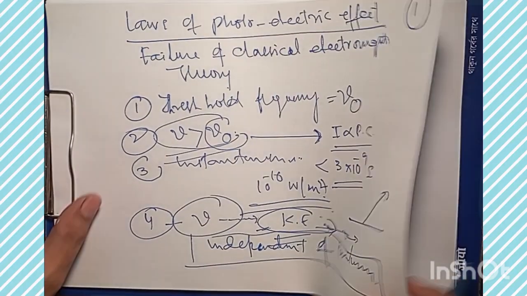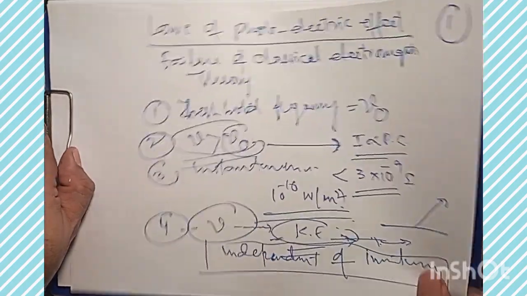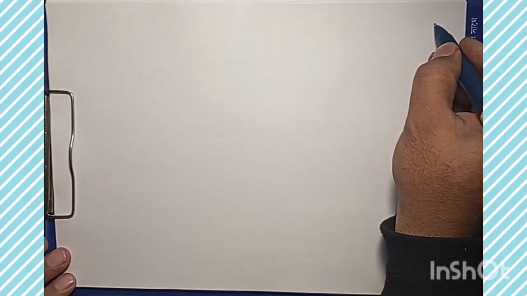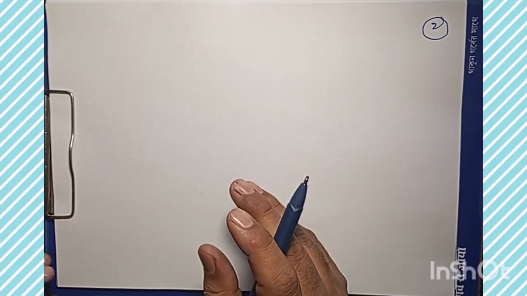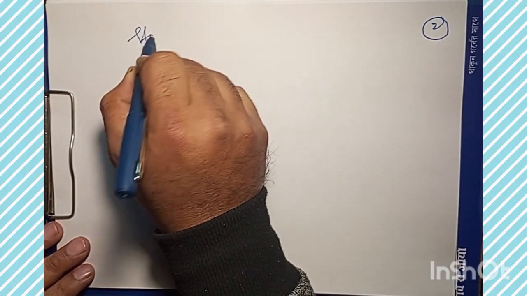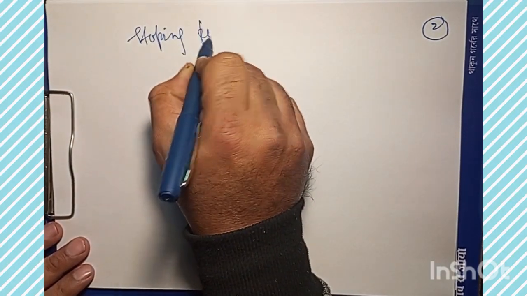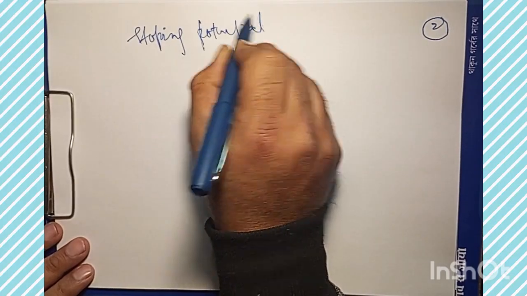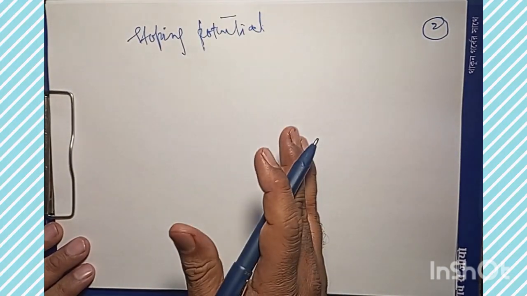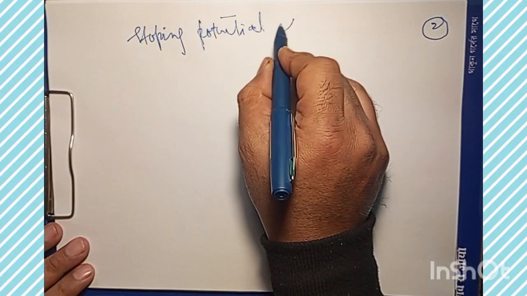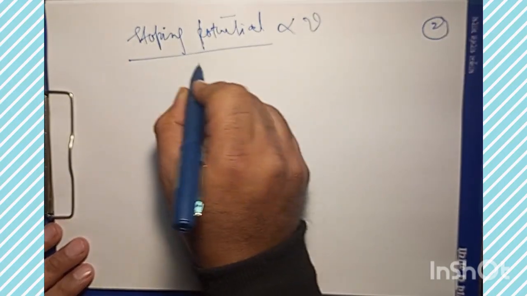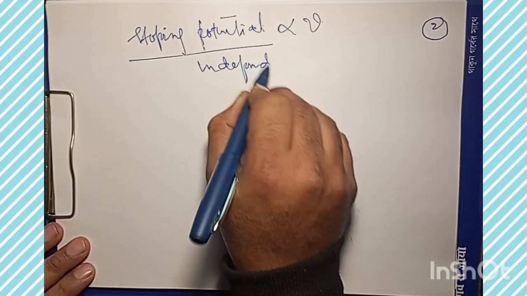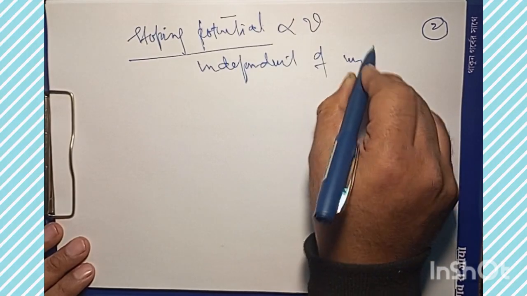The next important point is the stopping potential that we discussed in detail. This stopping potential, for a given metal surface, is proportional to the frequency of the incident light. But it is independent of the intensity of light.